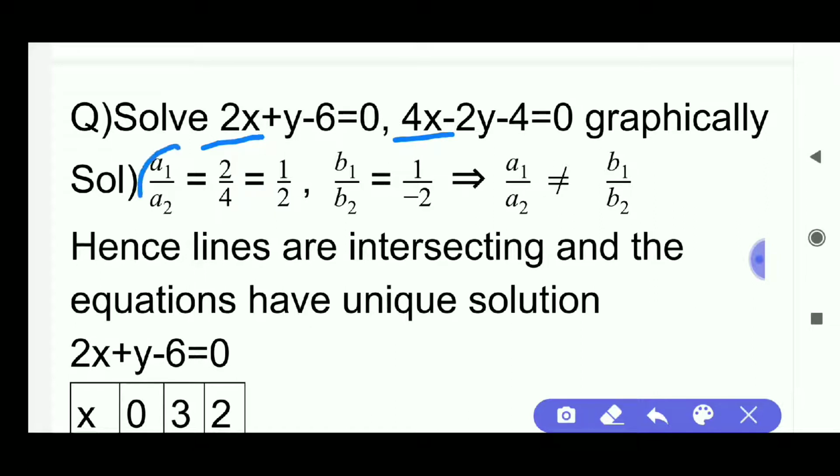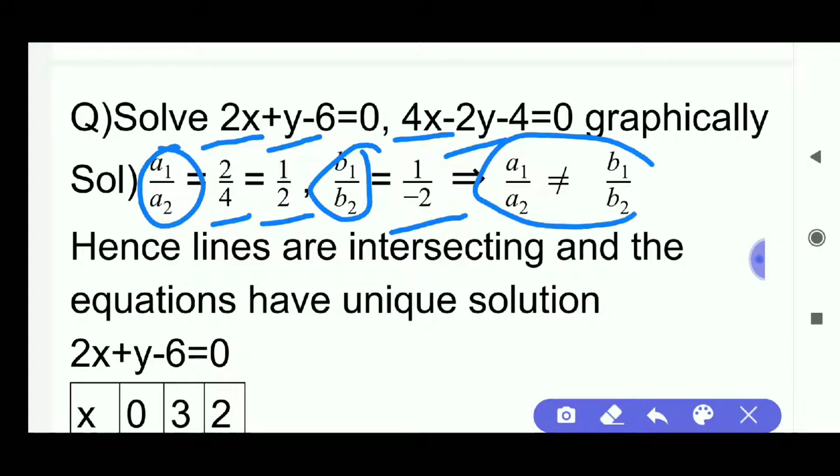So a1 by a2 is 2 by 4, that means half. b1 is 1 and b2 is minus 2. So b1 by b2 is minus half. So we can say that a1 by a2 is not equal to b1 by b2. Hence the lines are intersecting and they have a unique solution.